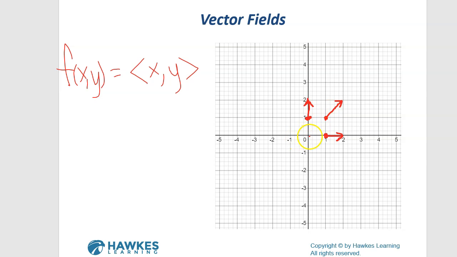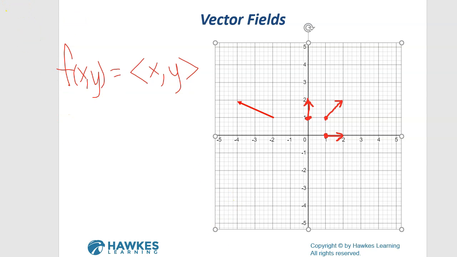The vector ⟨-2, 1⟩: I moved over to the left 2 and up 1, so I'm going to go over 2 and up 1, and that will be where my arrow ends. Let's pretend that's a straight arrow. So at every point we're getting a vector coming off of that point.